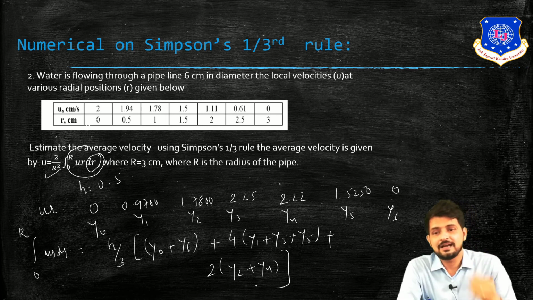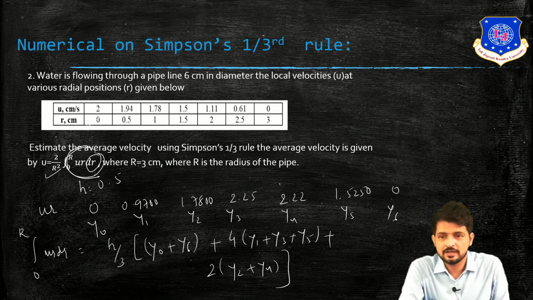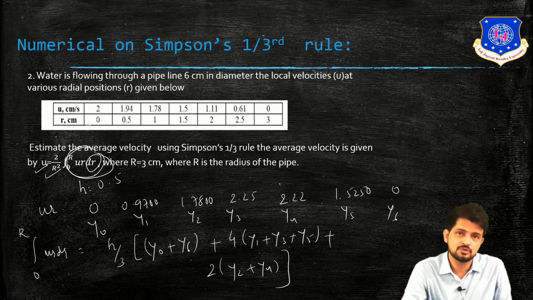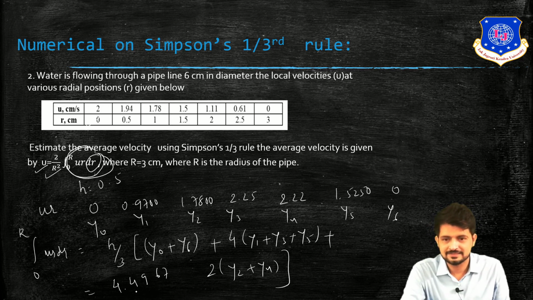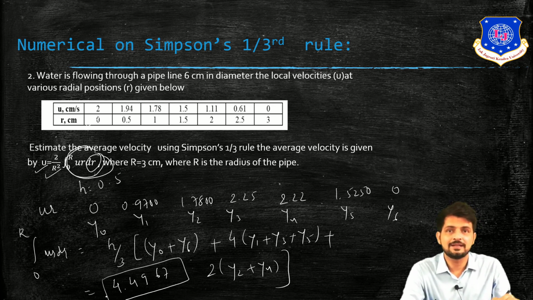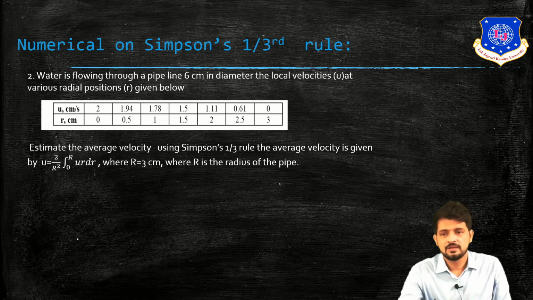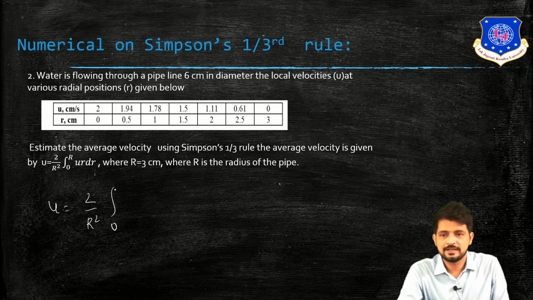After solving this, I will get the value of only this integral, and I have to multiply it by 2 upon r square, because I want to find the average velocity u, whose formula is already given. By placing all these values, the answer of this integral will be 4.4967.